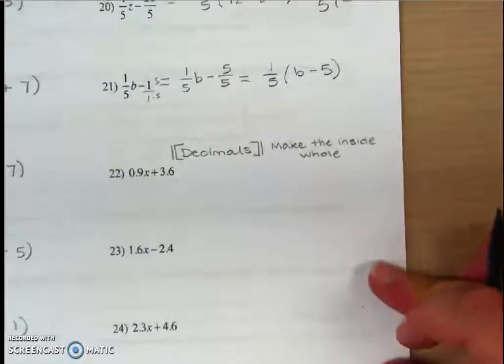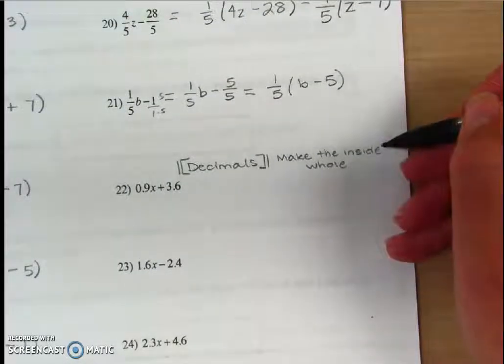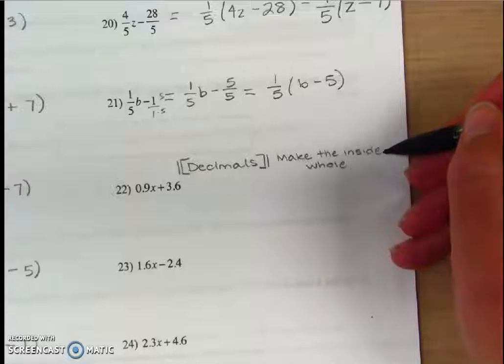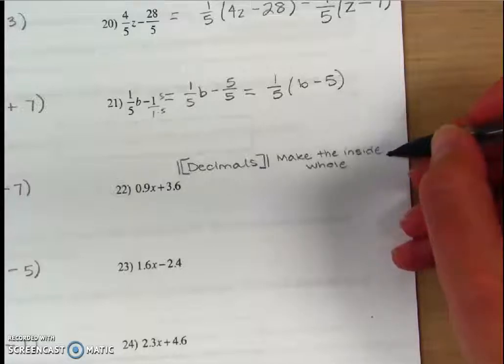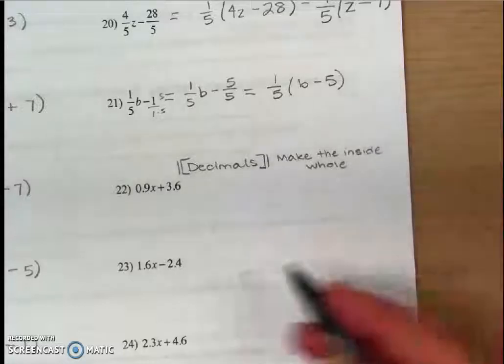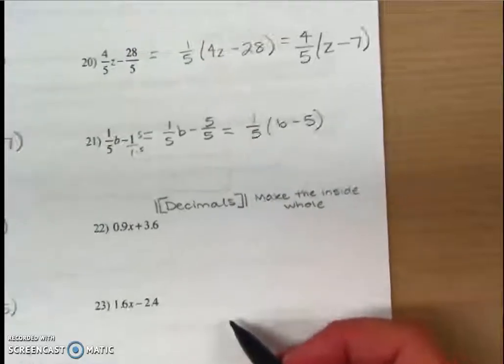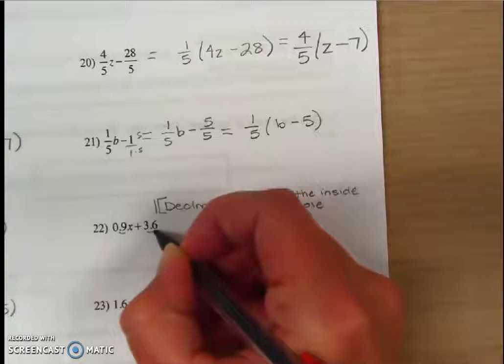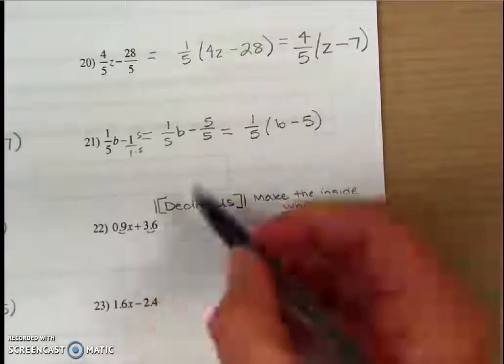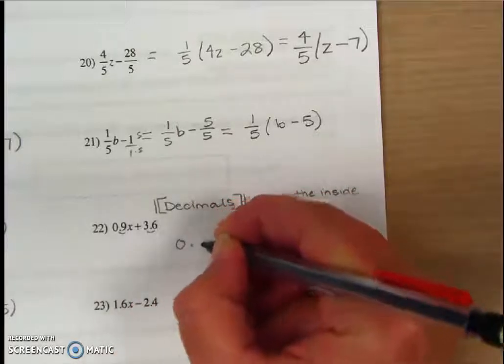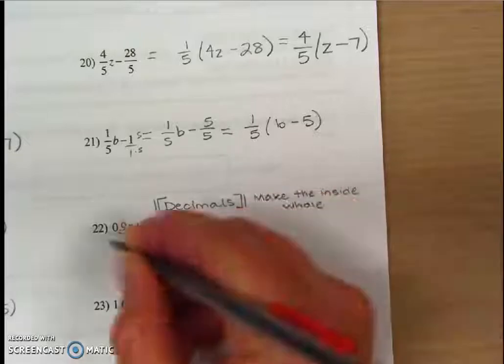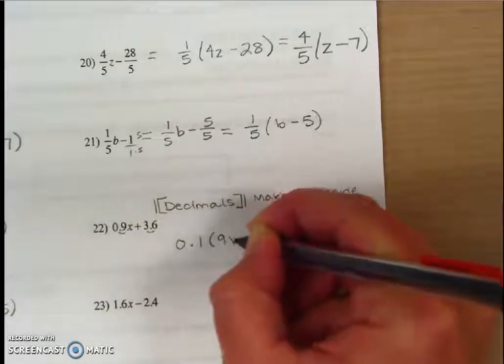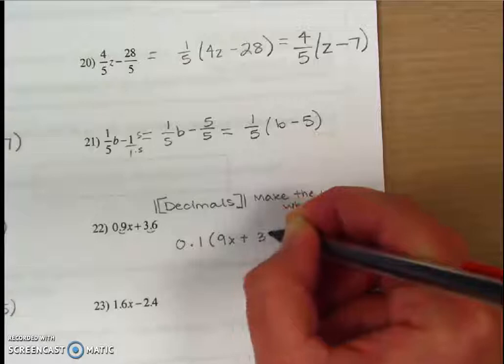Now over here to decimals. Decimals, we're going to make the inside a whole number. And so we want to see what we could multiply by for this one. So for this one, it looks like it's 0.1, 1 decimal spot. So if I take out 0.1 from both of these, that means what I would have left is 9x plus 36.